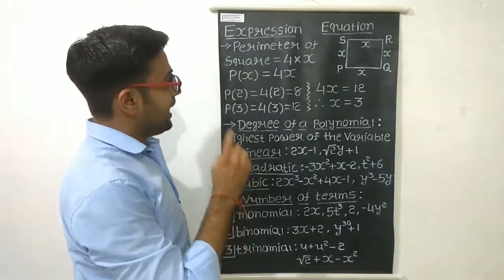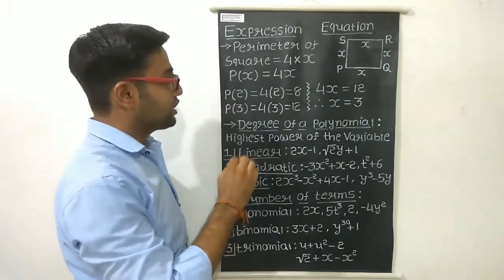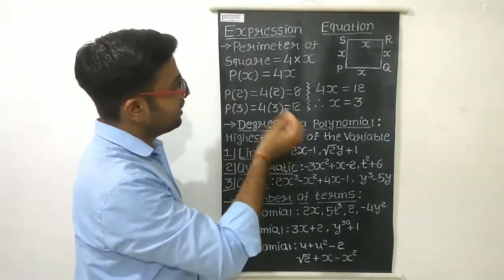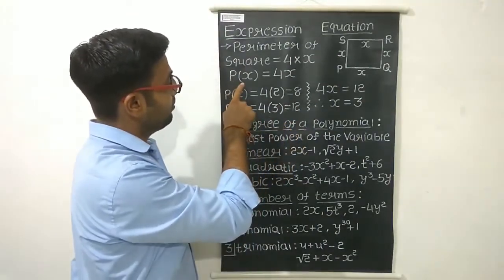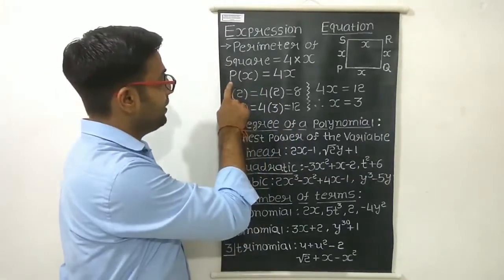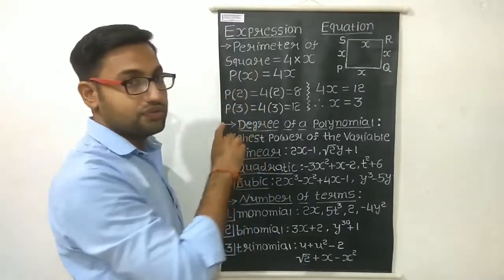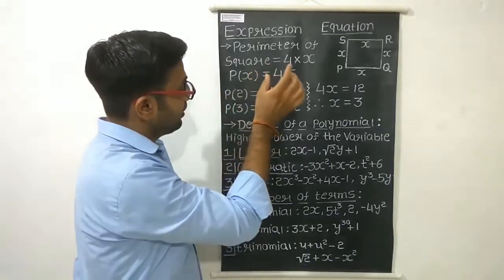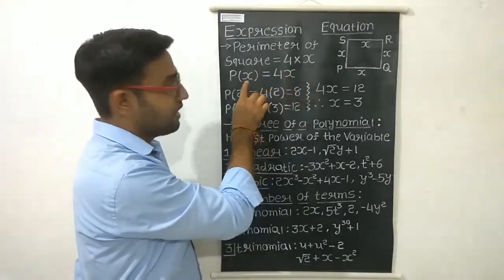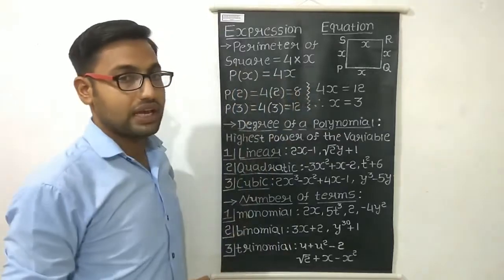Okay. So as there is a variable x, we can express this as p in brackets x equals 4x. Why p? Because p stands for the polynomial and x stands for the variable in our expression. So p of x is equal to 4x.